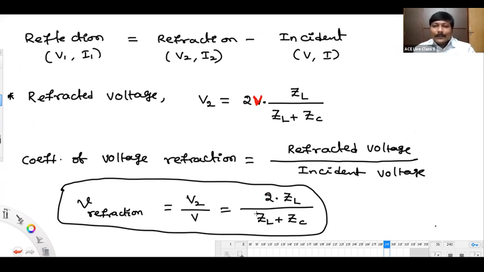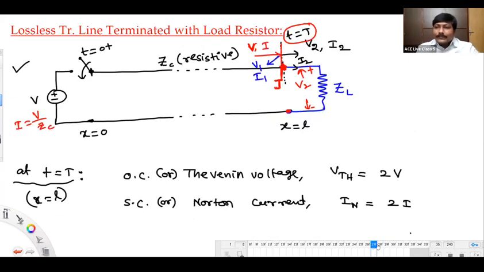Means 2 ZL by ZL plus ZC is the coefficient. After knowing the incident voltage, multiply it with the voltage refraction coefficient, you get the refracted voltage value. Multiply with the voltage reflection coefficient, you get the reflected voltage value.